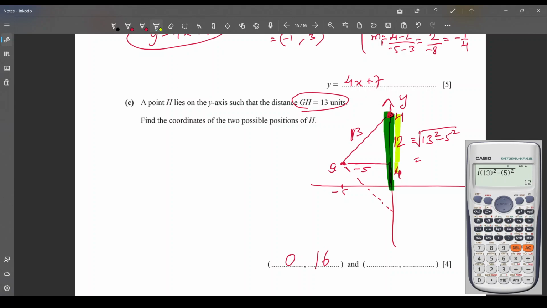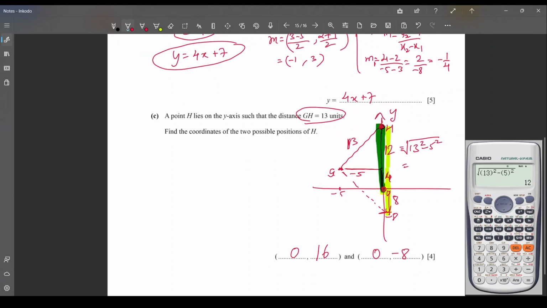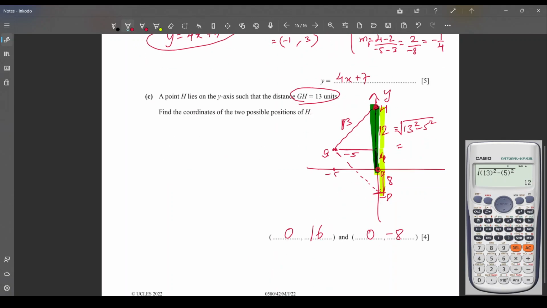If I subtract 4 from that, from this coordinate it should be 8, because already 4 units is above, so we have to go 8 units downside. So here it will be minus 8. So the other coordinate should be 0 and minus 8. So this is how we have to do this question.